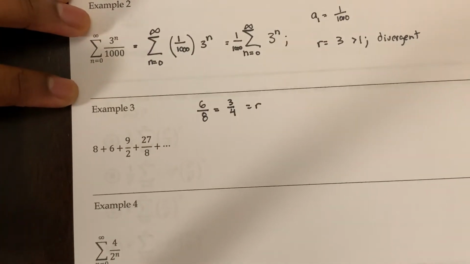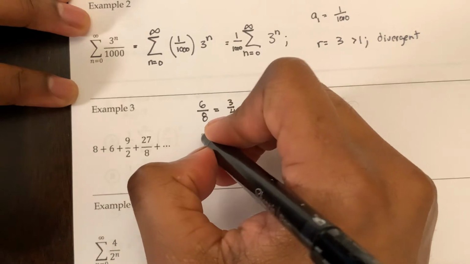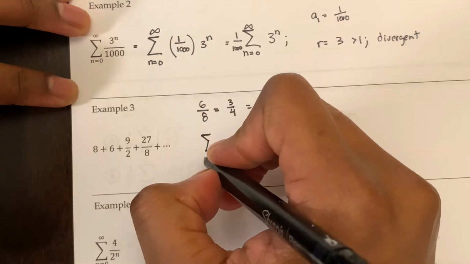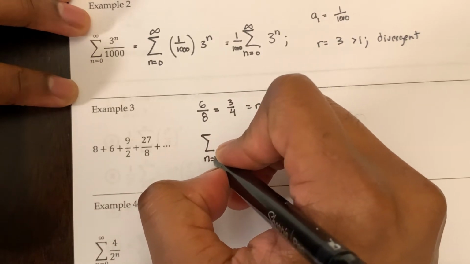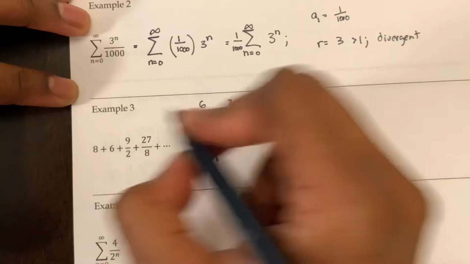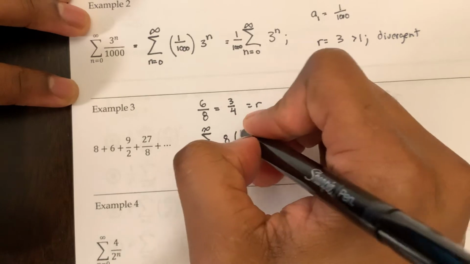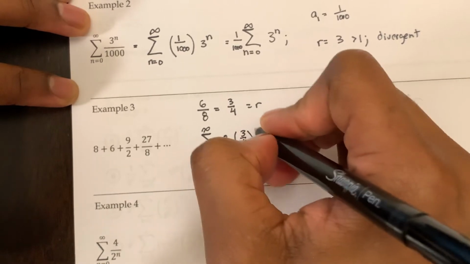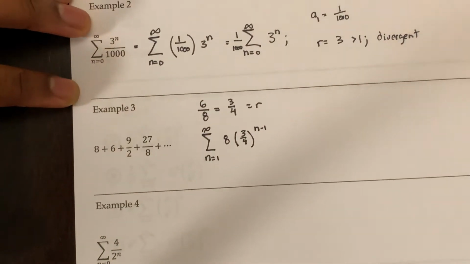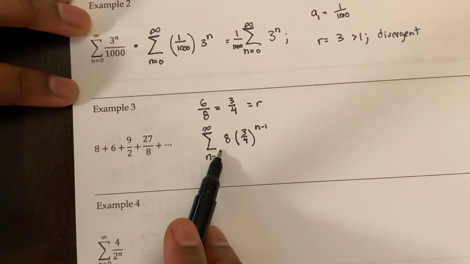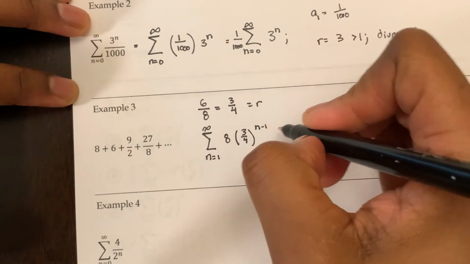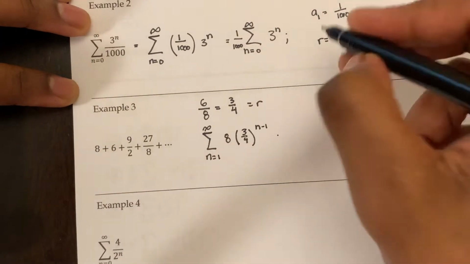That's going to be our common ratio. So another way we could write this is the sum from n equals 1 to infinity of 8 times 3/4 to the n minus 1. If we're looking at it this way, then we know A1 is 8.